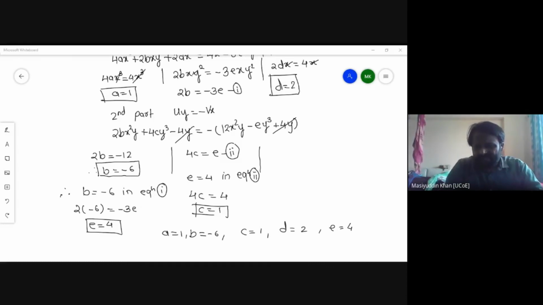We just require simple derivatives like u by v, u into v, and the basic integrations, because in the next topic we have to integrate the function. Here the functions are given analytic, so we have to prove analyticity or calculate the unknowns. But in the next part, either u is given or v is given.